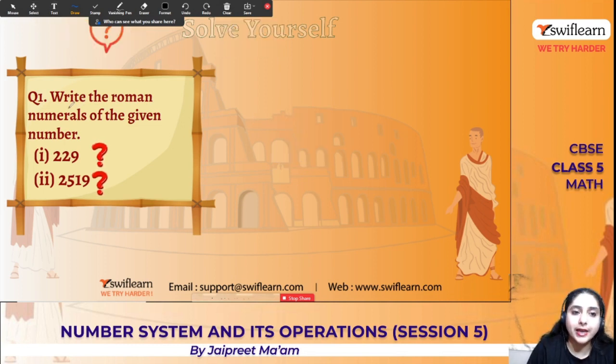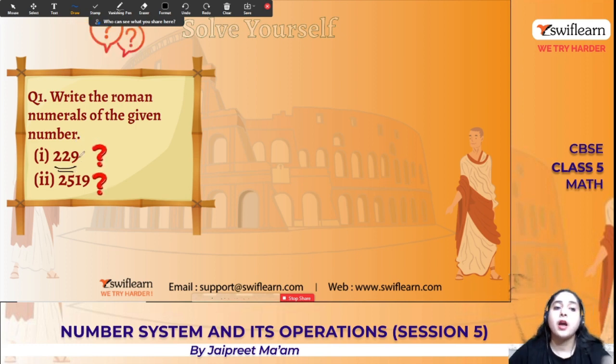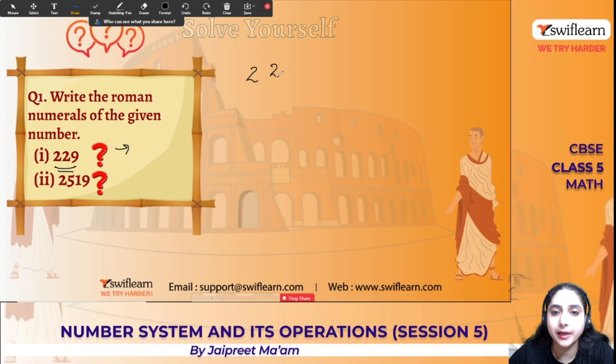Okay, let's write the Roman numerals of the given numbers. Now we are given numbers, and we have to write them in Roman numerals. So 229. So we know 200 plus 20 plus 9. For the new students, I will explain it once again.